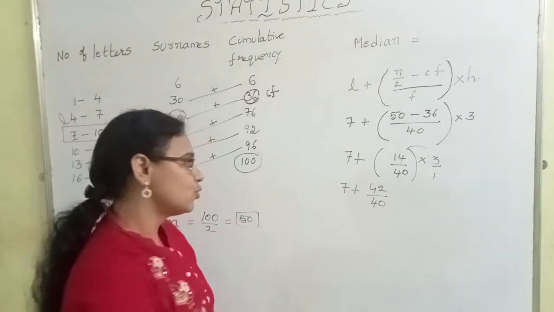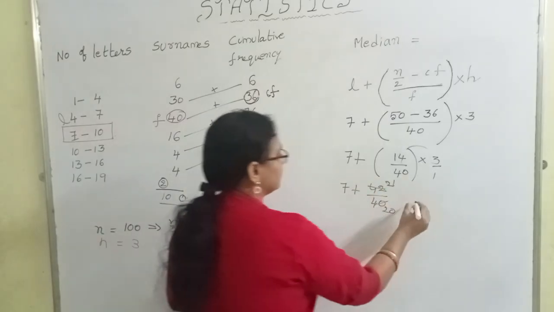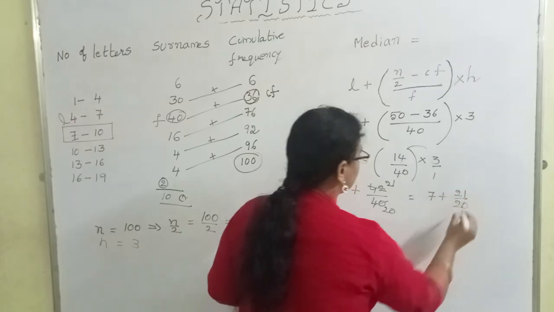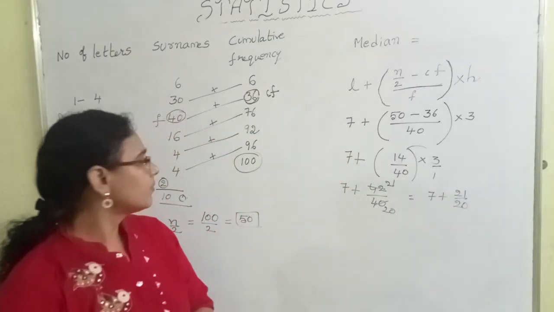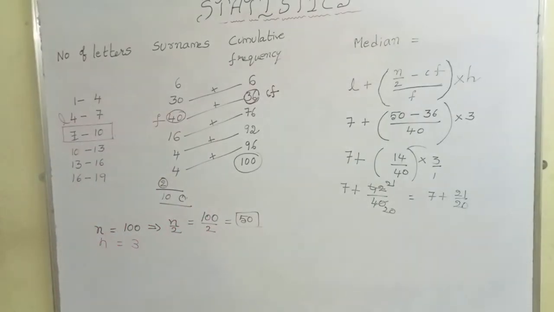Two tens cancel these two numbers, 21, 20. That is equal to 7 plus 21 by 20. Here we got 7 plus 21 by 20. Either convert it to a decimal number, otherwise go for LCM. Anything we can do. Okay.